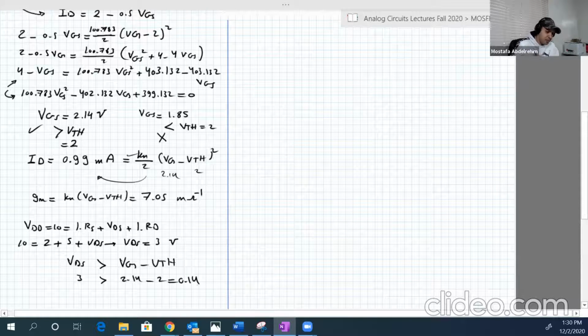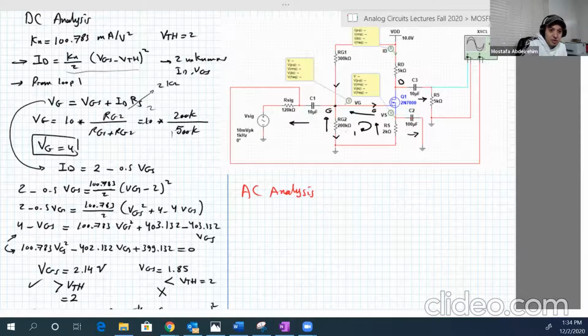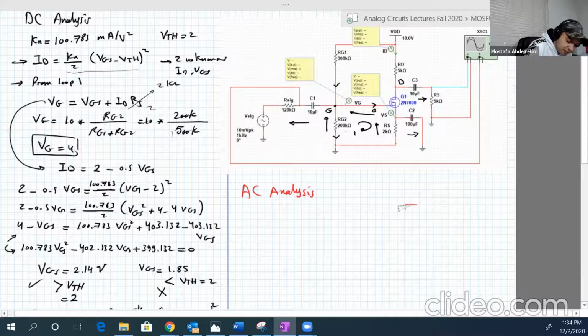Okay, now let's go to the AC part. In the AC analysis, we're going to draw the equivalent circuit. Let's start with the transistor first. The transistor has a current source GM VGS. Here is the drain, here is the source, here is the gate.